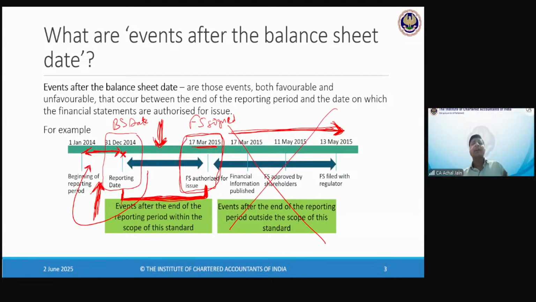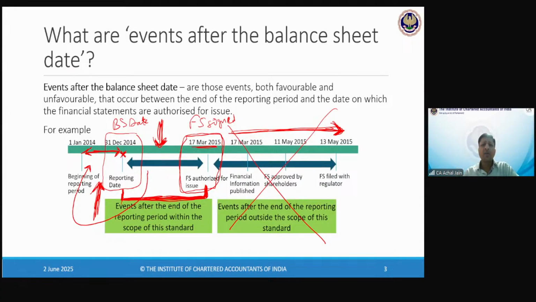That is what this accounting standard guides you. So that is what we need to understand, what are those events which occur after the balance sheet date, but which will have to be recognized in the financial statements for the reporting year. Reporting year means this year ended 31st December 2014.